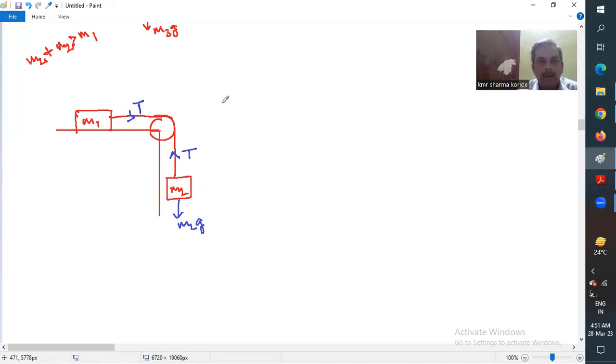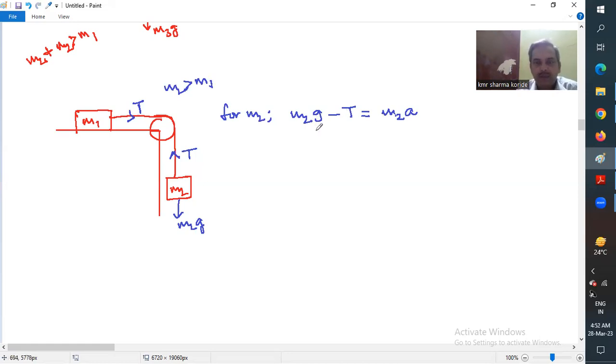Now let us write the free body diagram. First let us start with M2. Its weight is the reason, but it is opposed by tension, equal to M2A, in case M2 is greater than M1. Of course, there will be friction questions also.